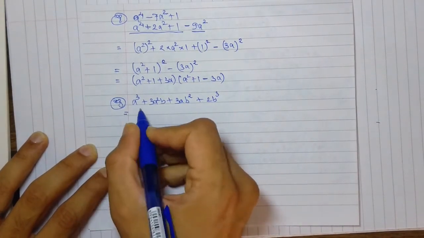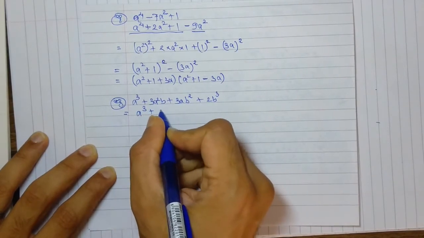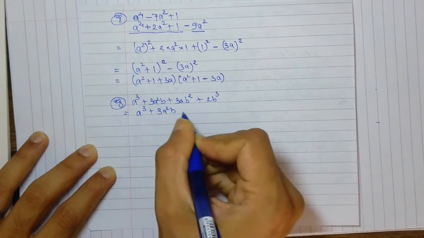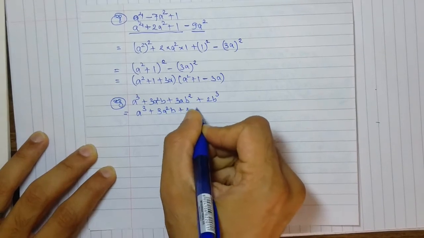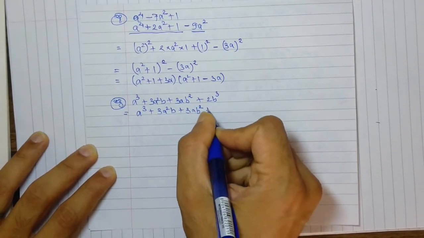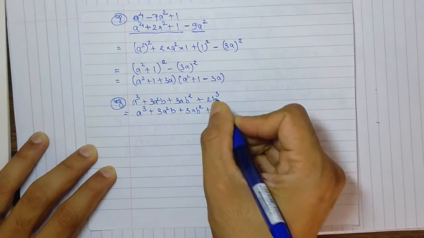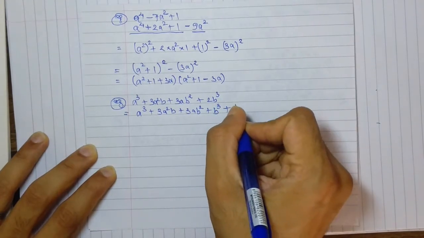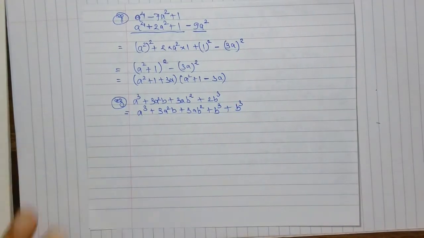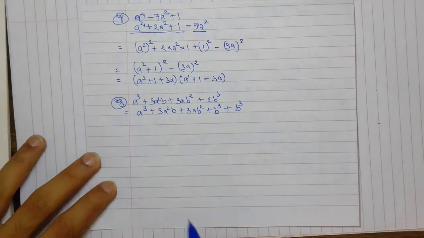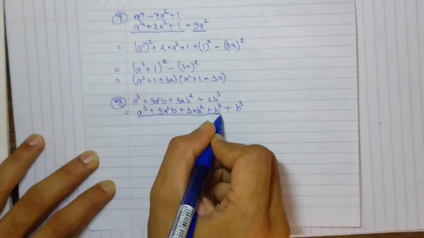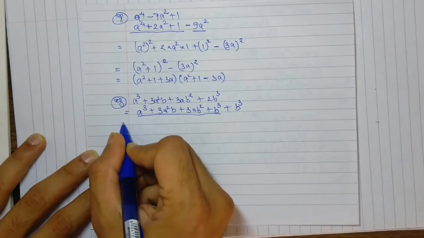So how to apply this? See, a cube plus 3a square b plus 3ab square. Now we need b cube here, so we write b cube, but we have 2b cube, so we write plus b cube also. So plus b cube plus b cube 2 times. Now this thing is an identity. How to write that?